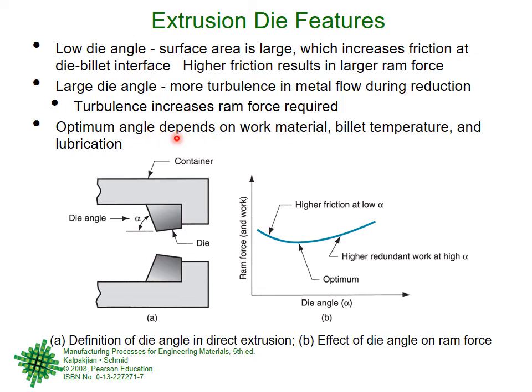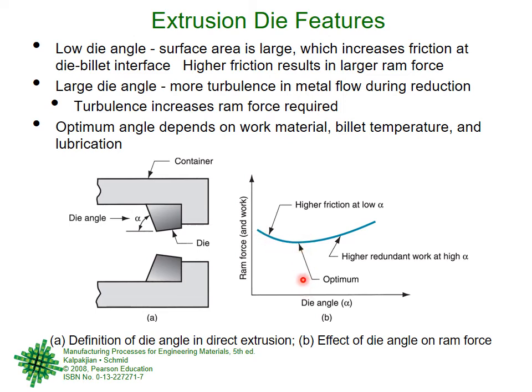So the optimum angle depends on the billet material, the billet temperature, lubrication and so on. And here we will give equations later on, but using the equations, here is the ram force or the pressure, it depends. And here is the die angle. So if the die angle is small, then this is a high pressure or high force required. If the die angle is very large, it will again be very high. And at some place it is optimum, it is minimum, right?